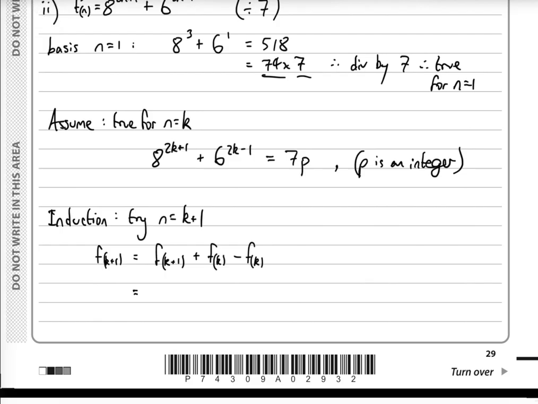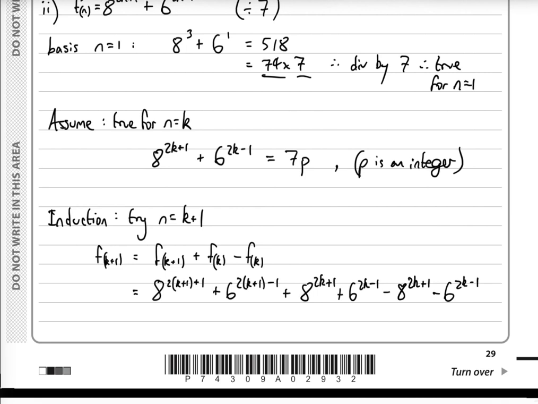So if we get k plus 1, that's 8 to the 2(k plus 1) plus 1, plus 6 to the 2(k plus 1) minus 1, and then plus these other terms, 8 to the 2k plus 1, plus 6 to the 2k minus 1, minus 8 to the 2k plus 1, minus 6 to the 2k minus 1.